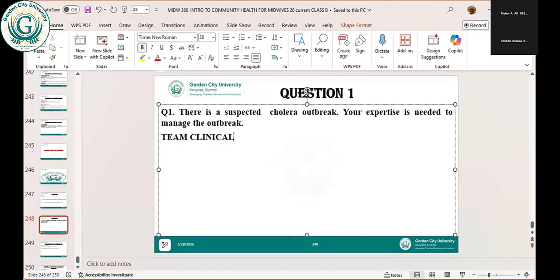We defined cholera, and we said that it is an acute diarrheal disease caused by a bacterium. What did you do again? We went into the management where we talk about detection and recognizing the outbreak, the immediate case treatment, and prevention of the spread through water, sanitation, and hand hygiene.